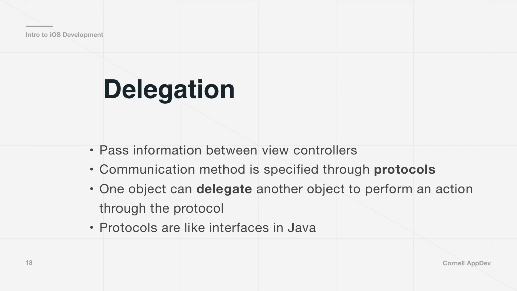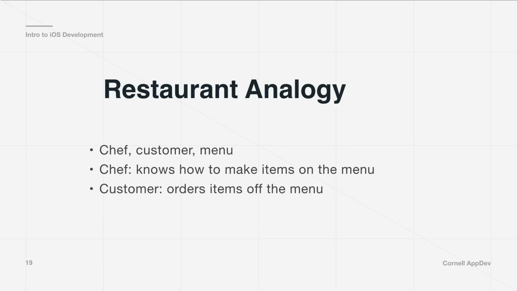This might be a little bit confusing right now, but let's go through an analogy. Let's say we have a restaurant. There's three things: a chef, a customer, and a menu. The chef knows how to make all of the items on the menu, and the customer can order items off the menu, and based on what they order, the chef is going to cook it, right?